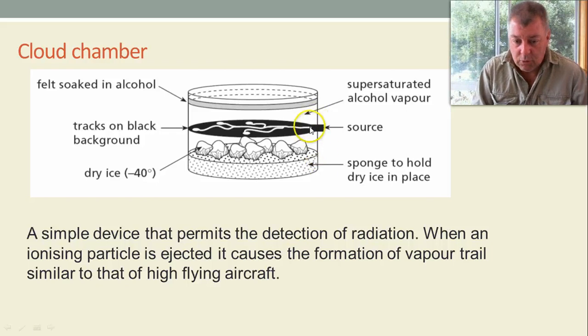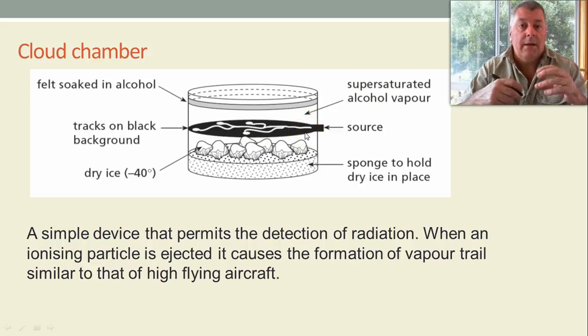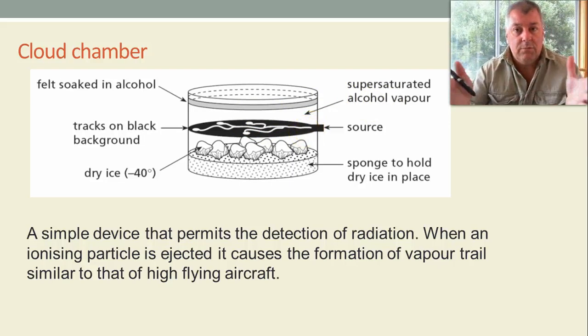You then introduce a radioactive source in here, and when that radioactive source decays and fires off a particle out into this supersaturated alcohol vapor, it makes little alcohol clouds, very similar to what happens with vapor trails from jets.